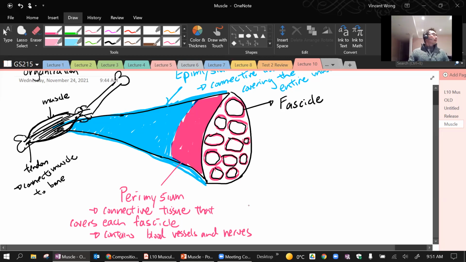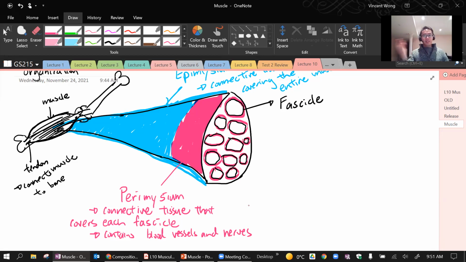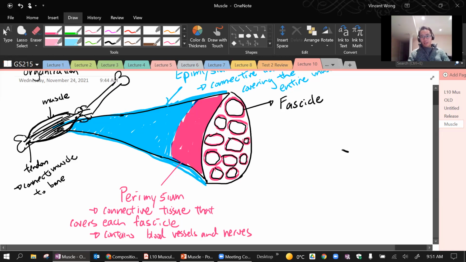Now, the best analogy I could come up with is this. If you think about a crayon, I don't have a crayon with me, my daughter's crayons are all upstairs. But you know how crayons have a little paper wrapping that goes around them?